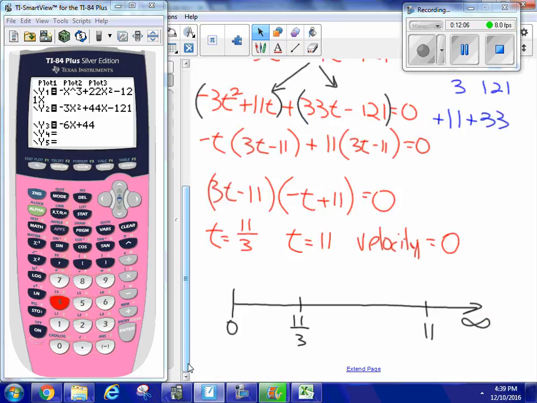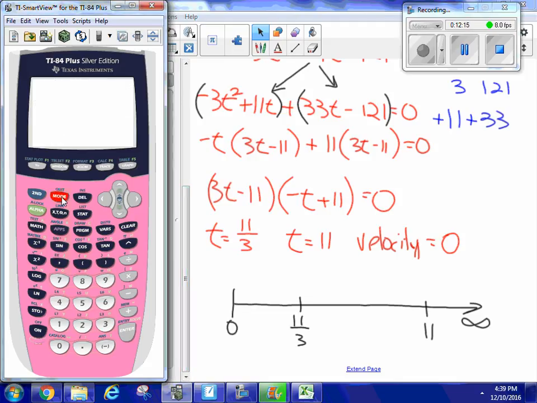Well, so I'm going to go to my main screen, and then I'm going to go alpha F4, and my velocity function was y2. So I'm going to look for a y2, and I'm going to evaluate it for some number between 0 and 11 thirds. So let's just evaluate it for 1.